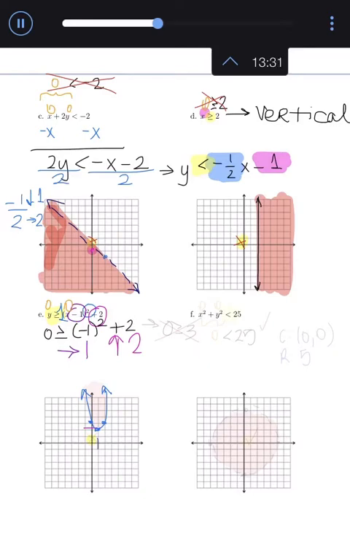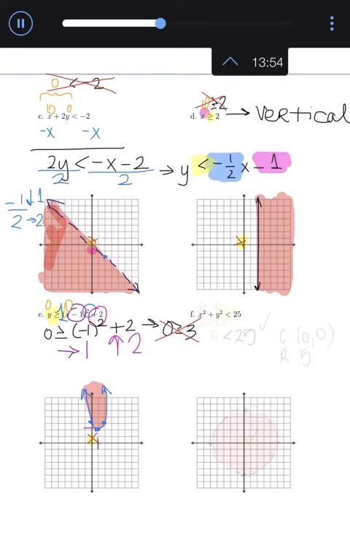Well, the negative 1 squared is 1 plus 2 is 3. So that gives me 0 is greater than or equal to 3. Is 0 greater than or equal to 3? Absolutely not. So that means 0, 0 will not work. So we'll shade the other side of the parabola, which means we're going to shade the inside.